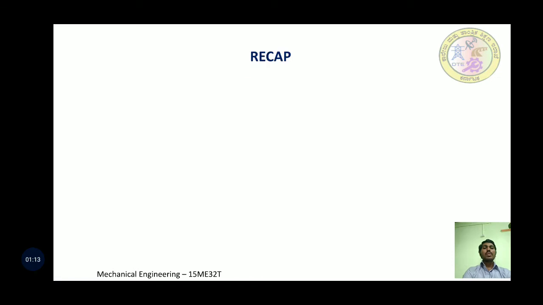In the previous session, I explained what is kinematic link and what are the types of constraint motion. What is kinematic link?